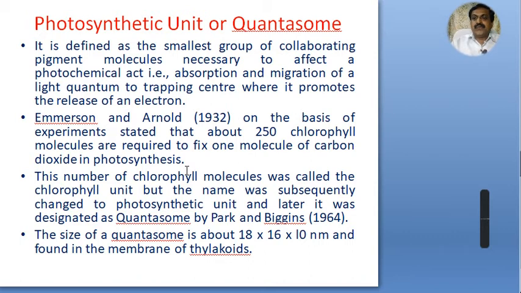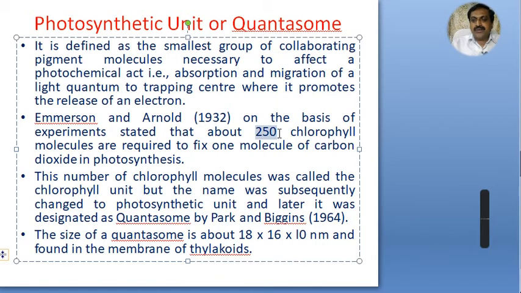See, the reaction says that 6 molecules of water combine with 6 molecules of carbon dioxide to form a glucose molecule. To fix one molecule of carbon dioxide, how many chlorophyll pigments are required according to Emerson? It is 250 pigment molecules.